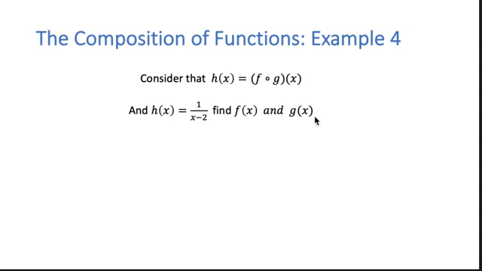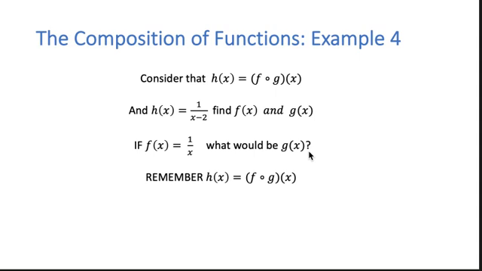Now, I'm going to give you a little bit of a hint. What if I tell you that f of x is equal to 1 over x? Well, remember, by definition, f of g of x means plug g into the f function. If the f function is 1 over x, and we want the answer to look like 1 over x minus 2, what does g of x have to be?